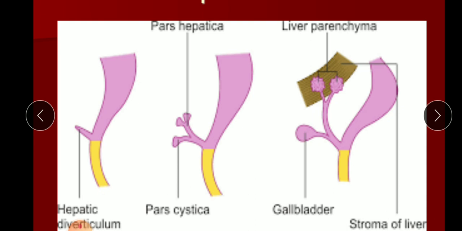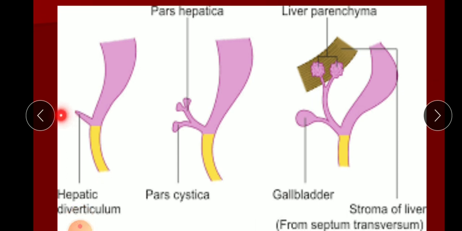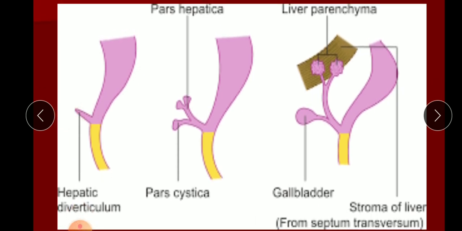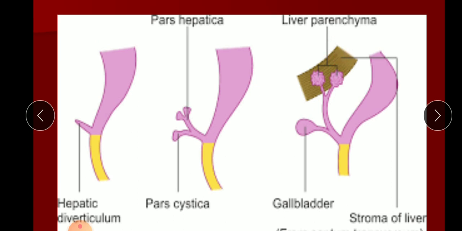Now this hepatic diverticulum passes through the mesentery and proceeds towards the septum transversum. That is how the hepatic diverticulum, or endodermal hepatic bud, proceeds. First, it protrudes through the ventral mesentery to the septum transversum.